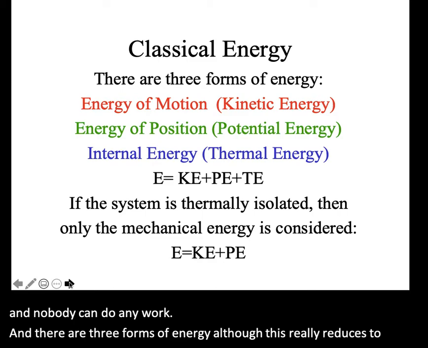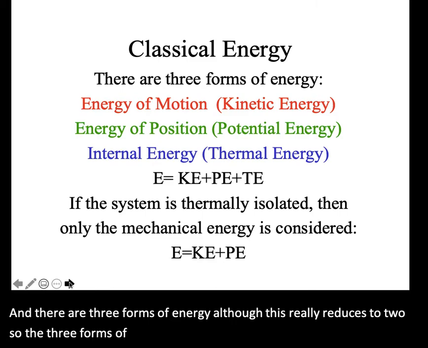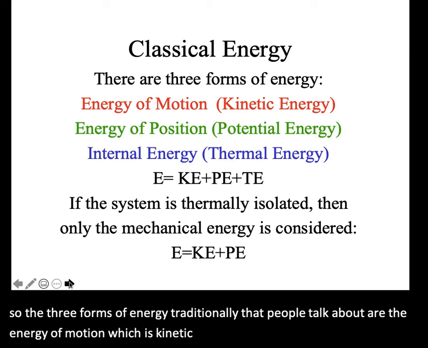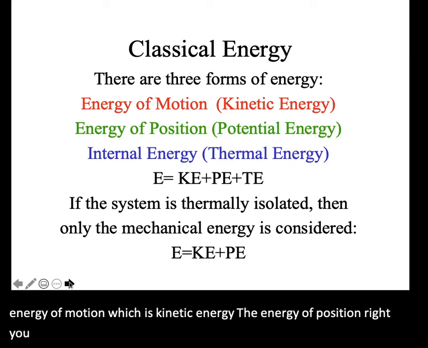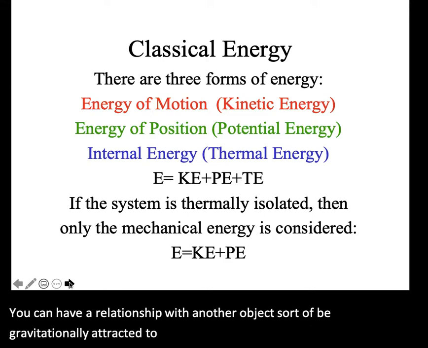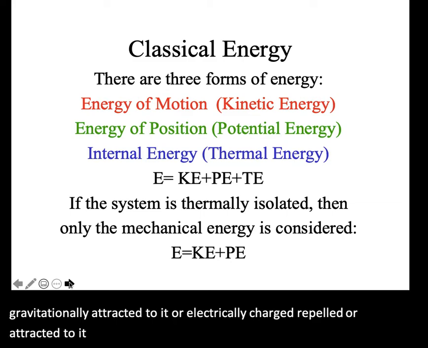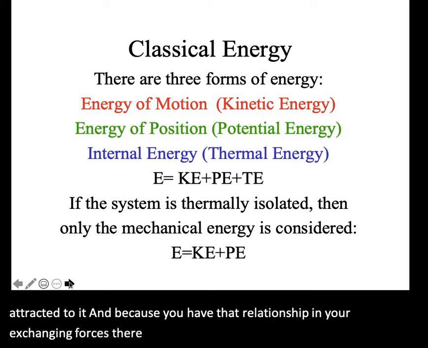The three forms of energy traditionally that people talk about are the energy of motion, which is kinetic energy, and the energy of position, right? You can have a relationship with another object, sort of be gravitationally attracted to it, or electrically charged, repelled, or attracted to it. And because you have that relationship and you're exchanging forces, there's some potential energy between the two objects because of their relative positions.